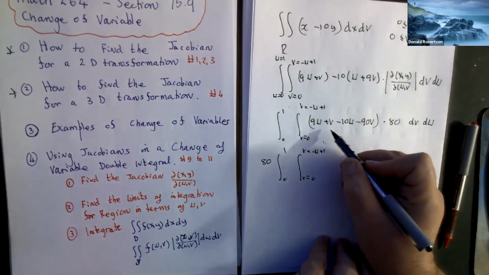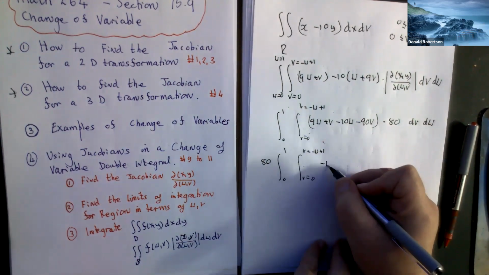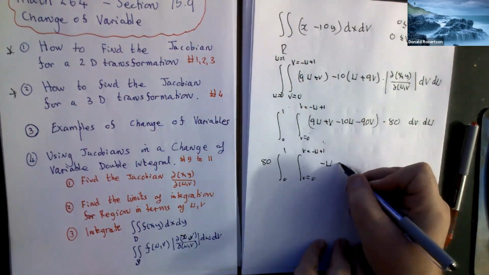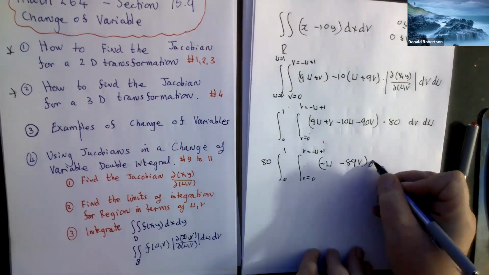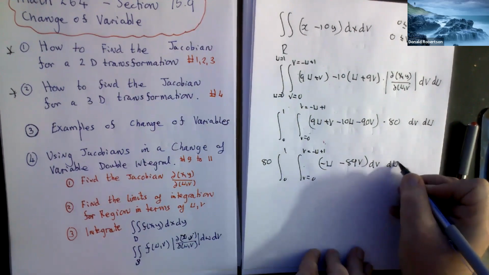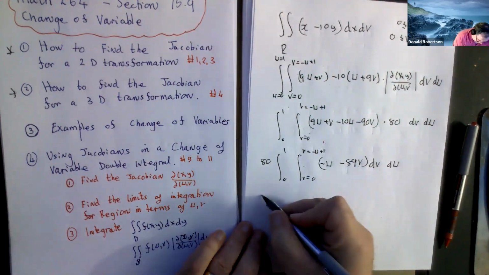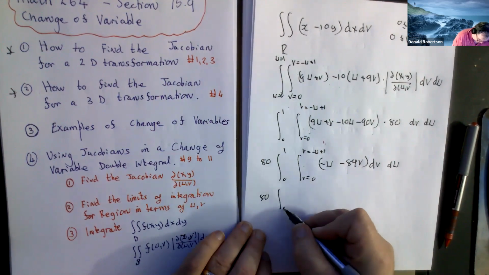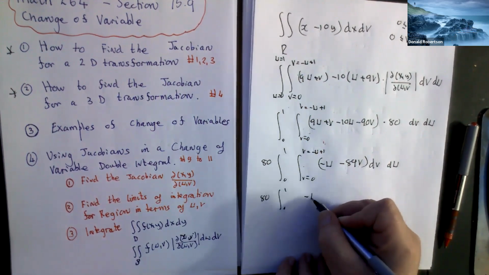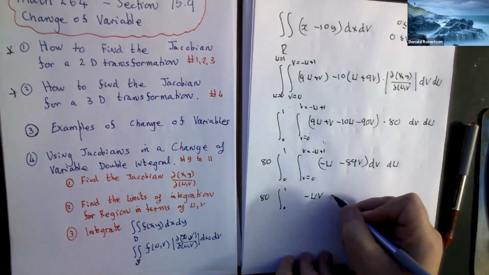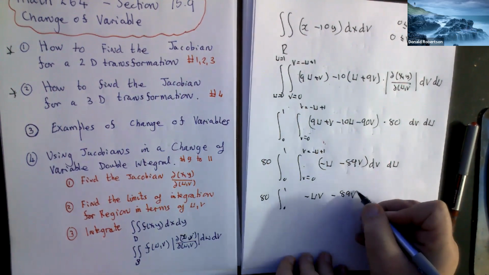And what do I get? I got that guy, and that guy is negative u, and that guy is negative 89v. Integrate that with respect to v, you get uv. Integrate that, you get 89v squared.